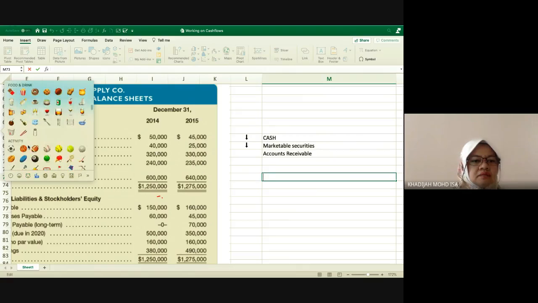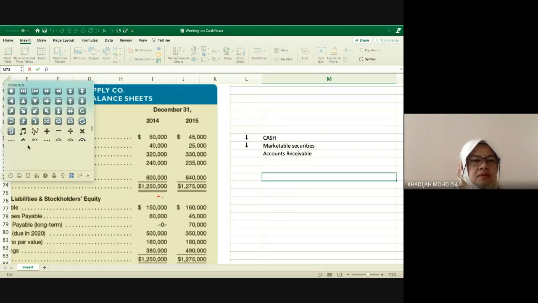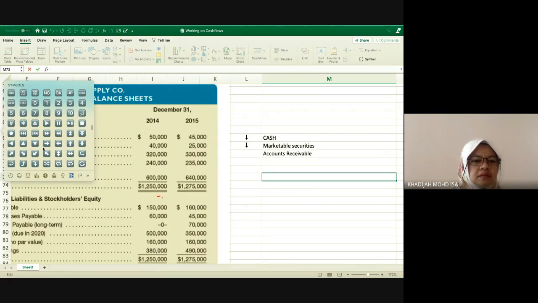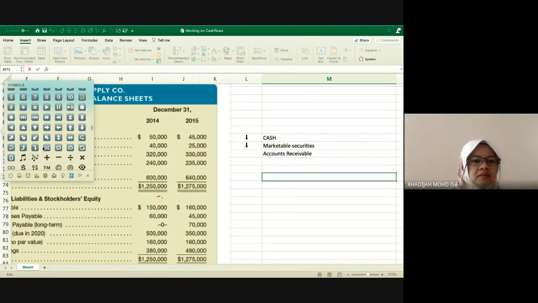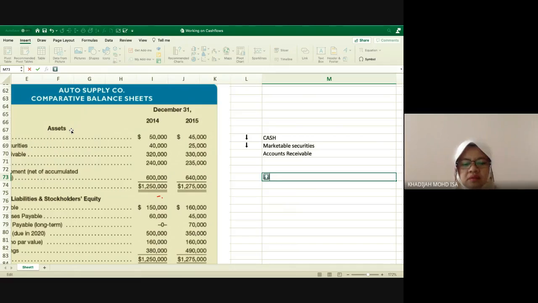Where is it? Here. Right, I can just take this. Go down. Is it increase? Increases. Okay. Your accounts receivable increases.